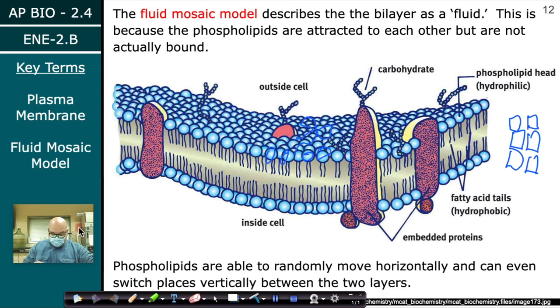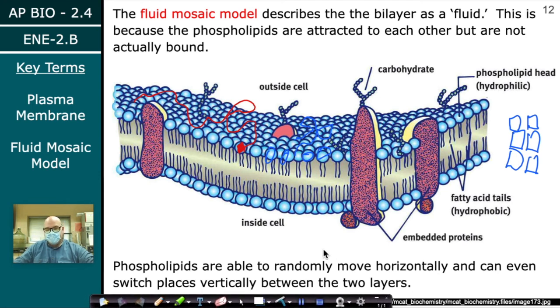So if I pick one of these particular phospholipids, over time it's going to flow through the membrane. And that goes for any other one as well. And that could depend on a lot of other factors. Now, we can do things to membranes to minimize that if that's important to the function of the cell.